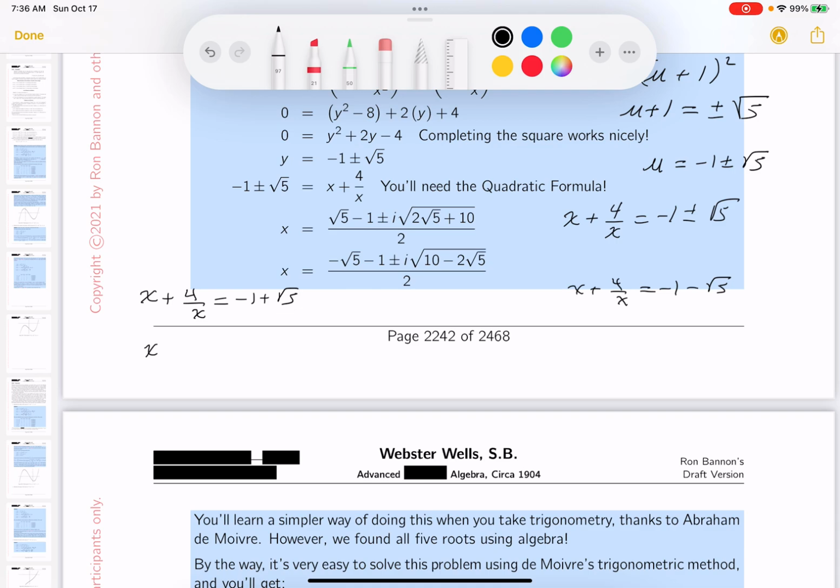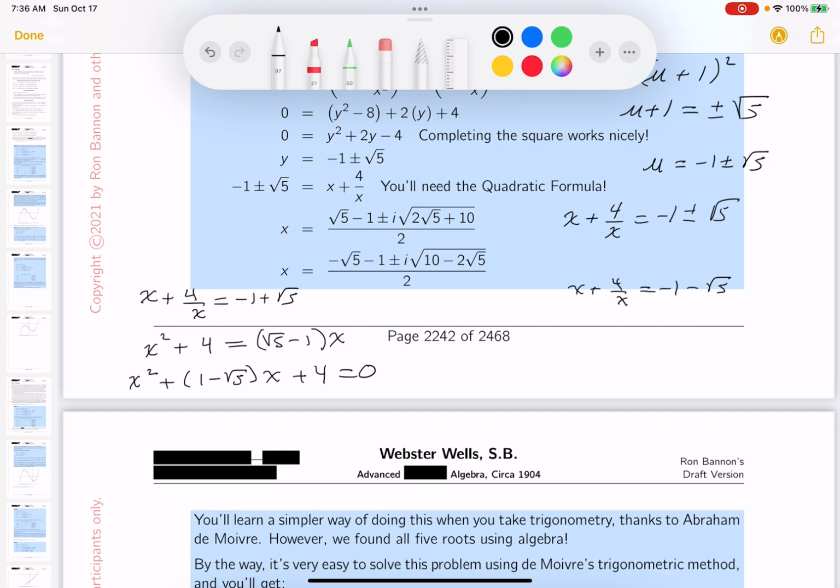And you're going to get x squared, multiplying both sides by x, plus 4 equals, well, let me write this a little different. It's root 5 minus 1 times x. I'm going to write this in standard form, which is going to be x squared, let's see, plus 1 minus root 5, x plus 4 equals 0.